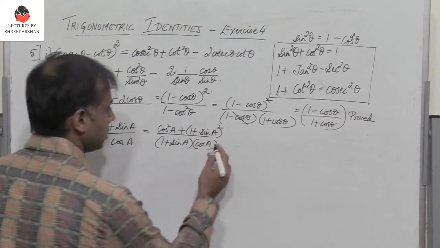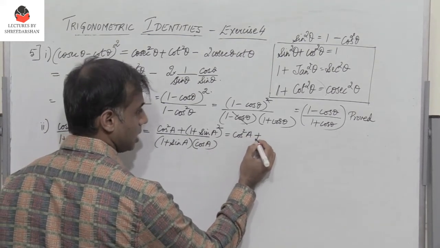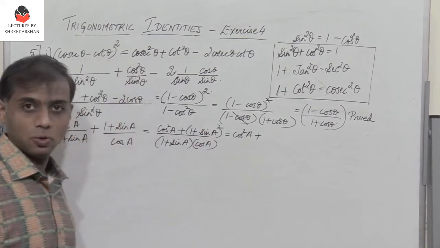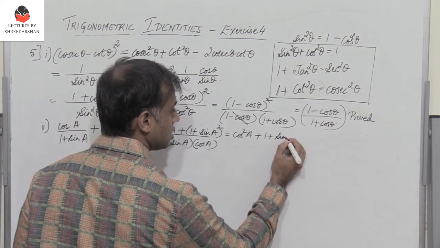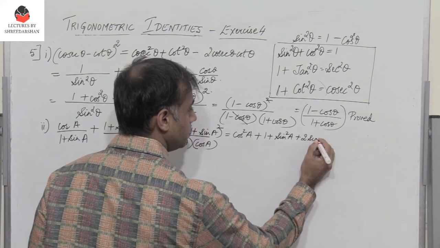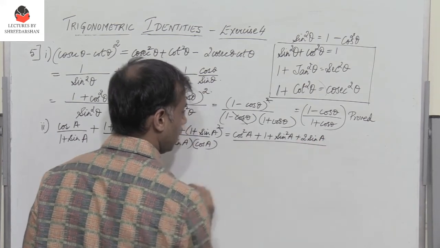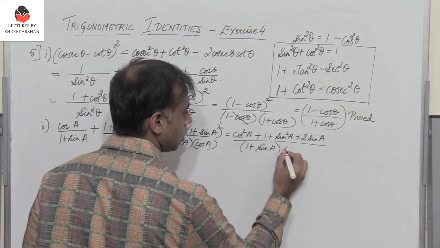I get cos square A plus, this is of the form (A plus B) the whole square, so A square is 1, plus B square is sine square A, plus 2 into 1 into B, which is sine A, divided by (1 plus sine A) into cos A.